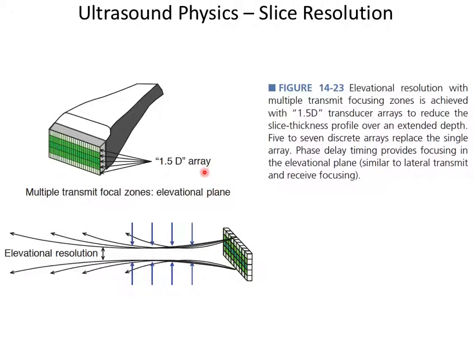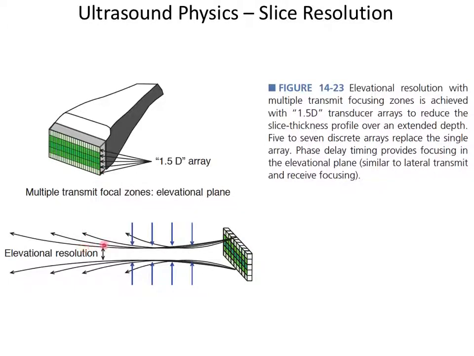There are also arrays in which they cut the crystals in the array height direction, and then they'll phase delay as a function of height as well. And that will focus the slice down to a narrower slice at a certain depth, right?